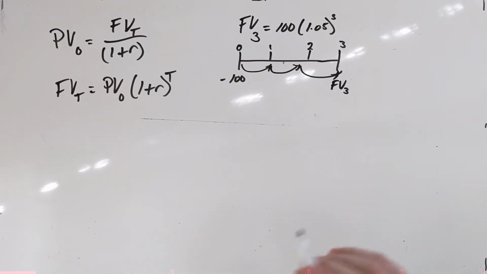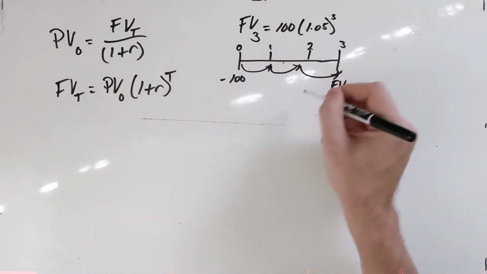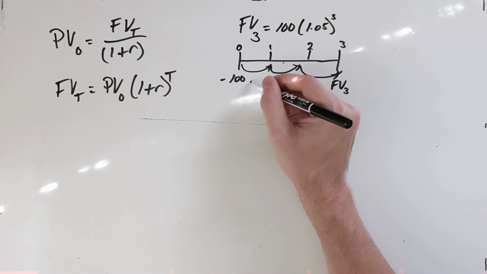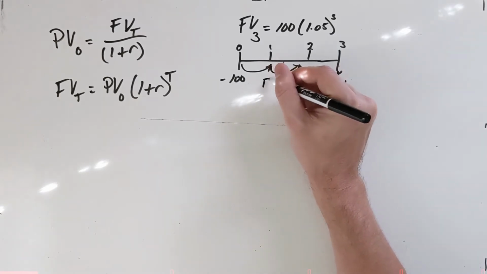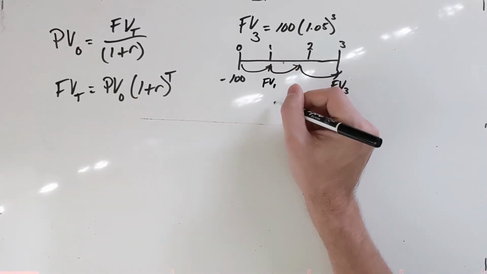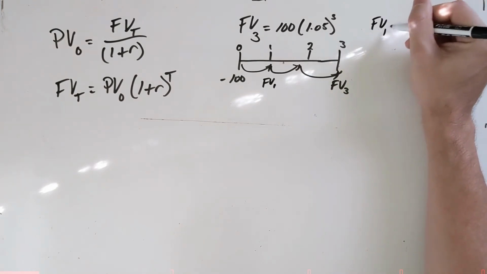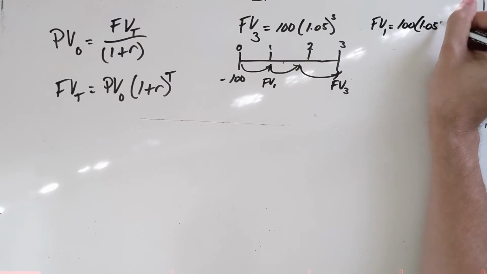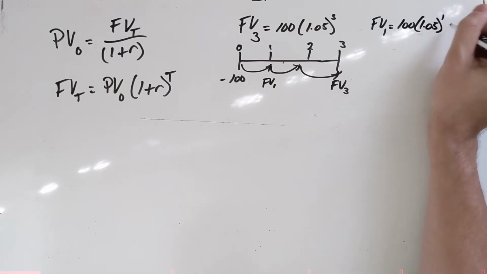Okay, so the way we would do this, if we want to do it piece by piece, you can say, okay, if we go forward 1 year, then the future value at time 1, the future value in 1 year, would be 100 times 1 plus the rate of return raised to 1 year.